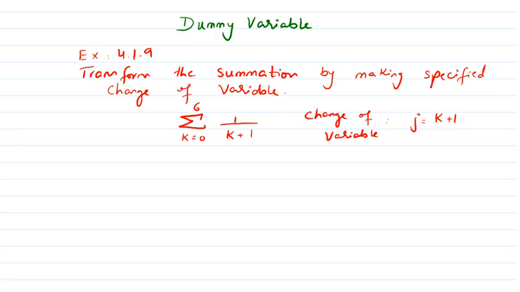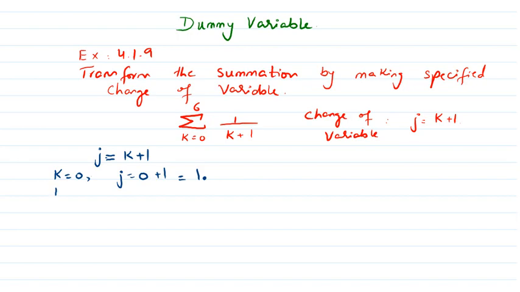So, if I start with the given change of variable, that is j should be replaced with k plus 1, then I know the upper and lower limits. Starting with k equals 0, j is going to be 0 plus 1, that is 1. So k having a lower limit of 0, j is going to have the lower limit 1.